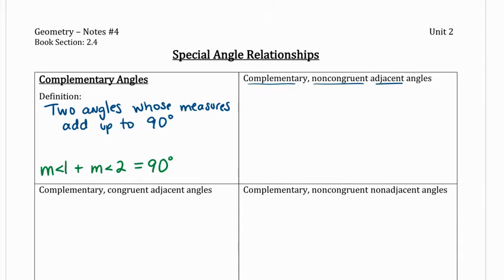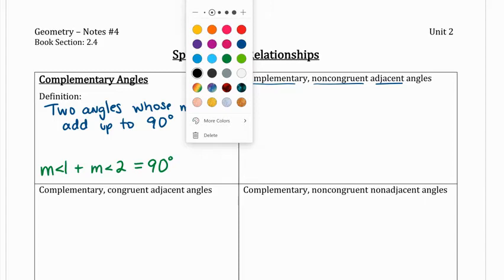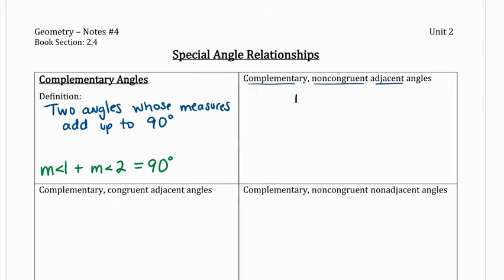So the easiest way to draw this would be, I'm going to start with, oops, let's make that bigger. I'm going to start with my 90 degree angle. So I'm going to make myself a 90 degree angle here. We'll put the little box in here to make my 90 degree angle.